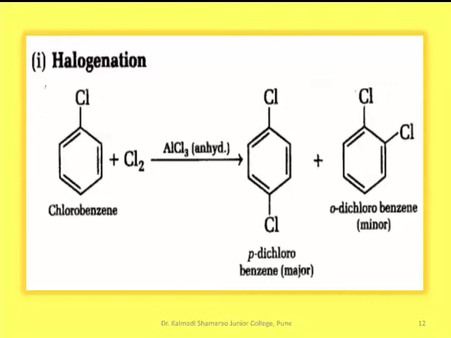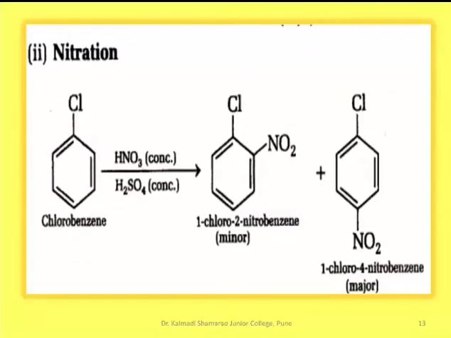For example, when chlorobenzene reacts with chlorine in presence of anhydrous AlCl3, it gives para-dichlorobenzene as major product and ortho-dichlorobenzene as minor product. Nitration is carried out by heating haloarenes with concentrated HNO3 in presence of concentrated H2SO4.